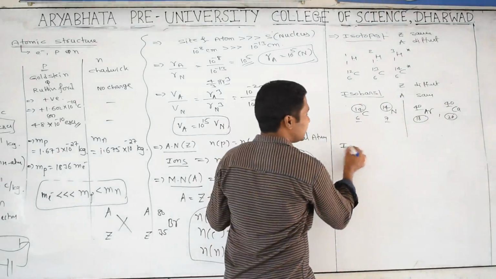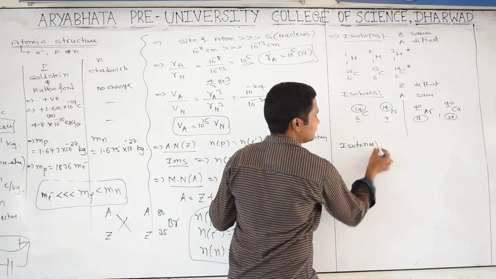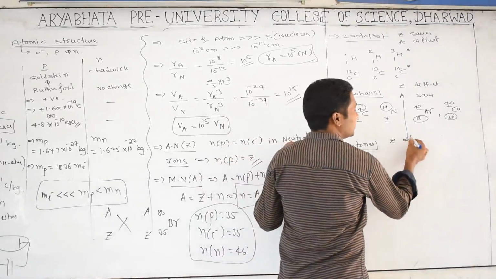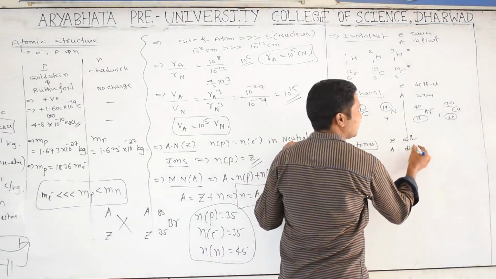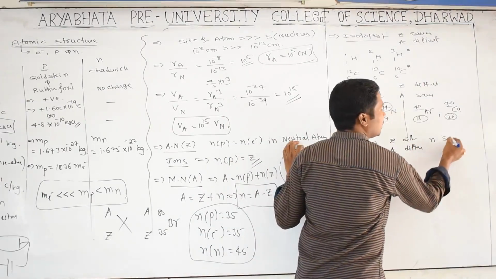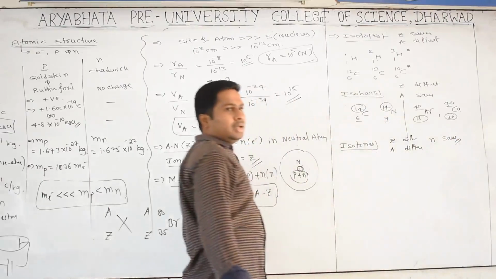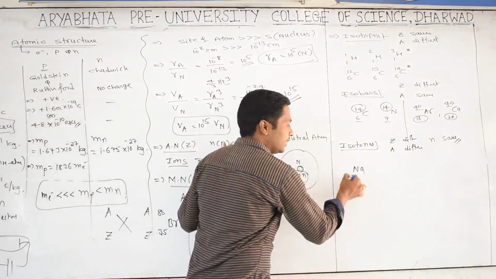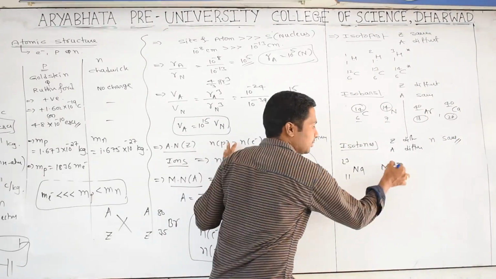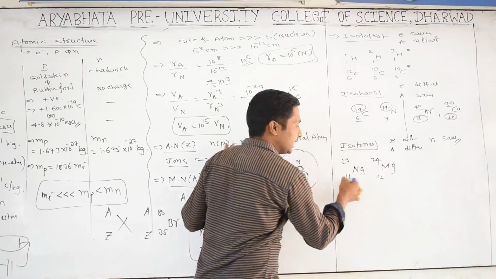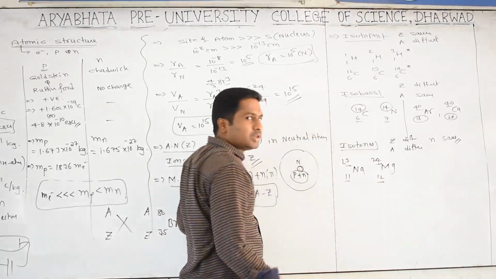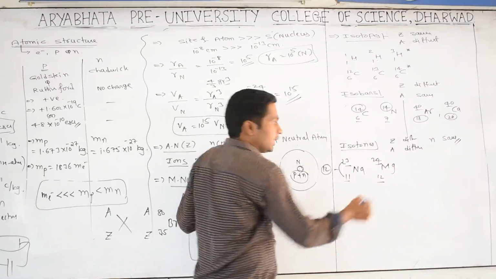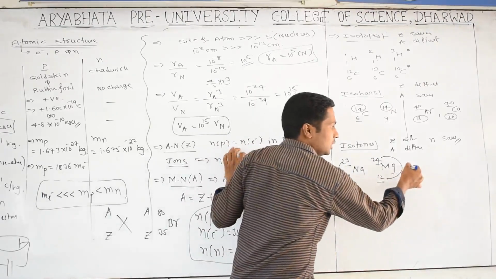Another one is isotones. Isotones means atomic number is different and mass number is also different, but the neutron number is the same. Can you give some example? For example, sodium 11, 23 and magnesium 12, 24. The atomic number and mass number are different, but what is the same here? 23 minus 11 is 12, and 24 minus 12 is also 12.